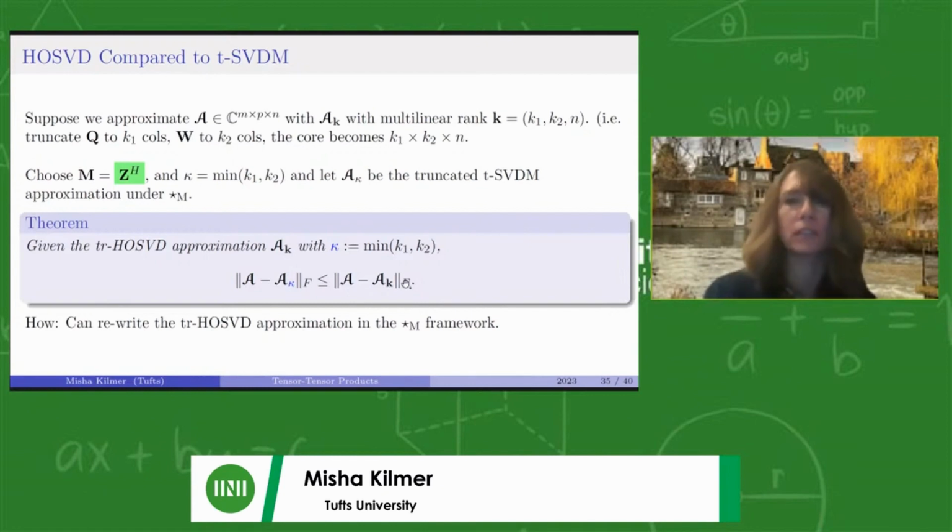In other words, it gives me a better relative error for that kind of truncation. So it's not quite a statement about the compressibility, but it does give us a way to compare apples with apples.